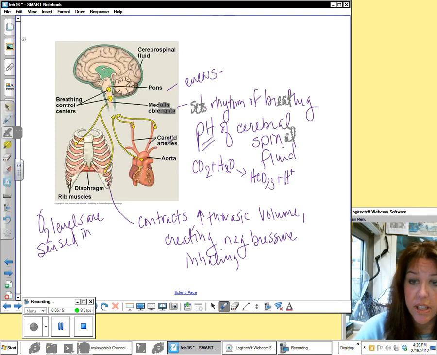Here is where these two sense O2 levels. So if O2 gets really low, I think your book gives the example of high altitudes, it will tell the breathing control centers to stimulate breathing. So this is the only time that oxygen is used to regulate your breathing.